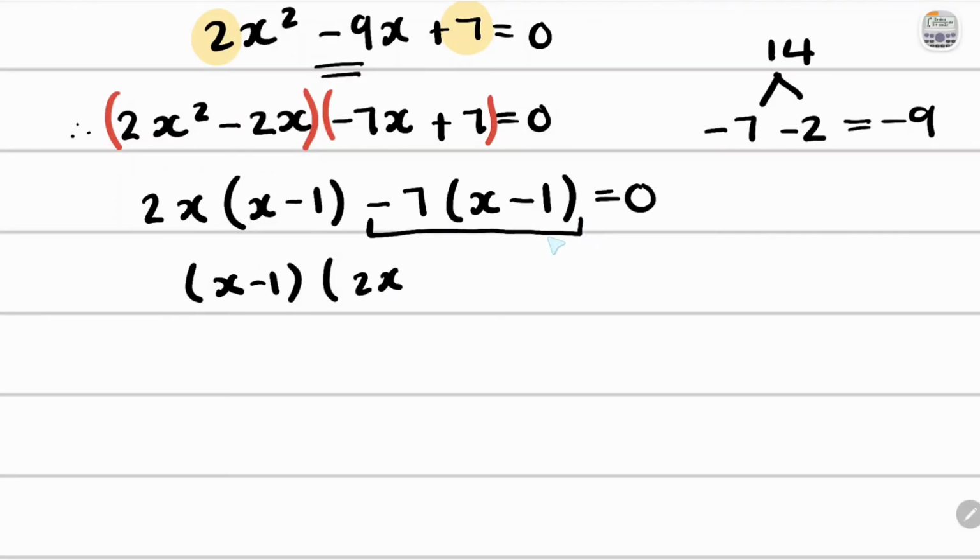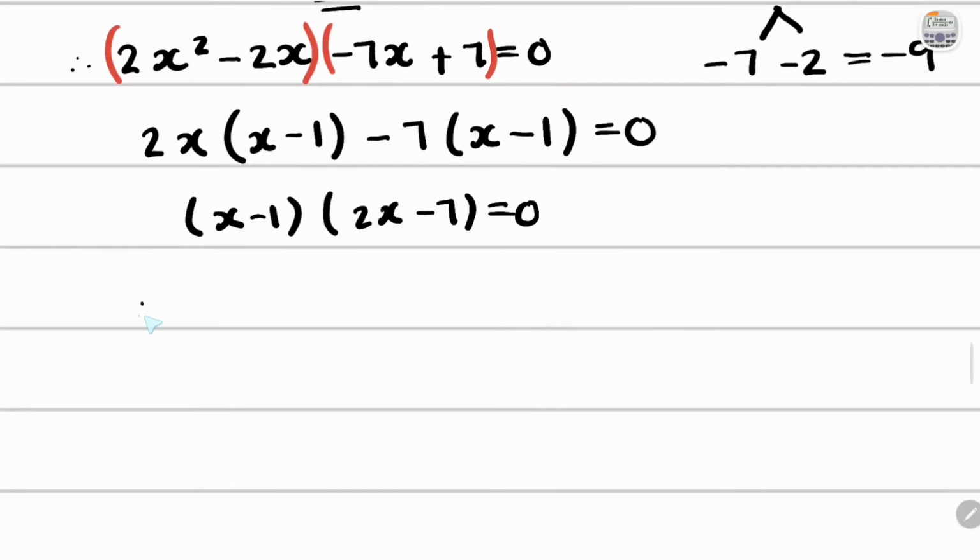And in the second term, you're left with negative 7 is equal to 0. And now we can go ahead and solve for x. So here, x is equal to 1, and then here we can straight away say 2x is equal to positive 7 because we're taking the negative 7 over since they're equated to 0, and then divide both hand sides by 2, which just gives you 7 over 2.